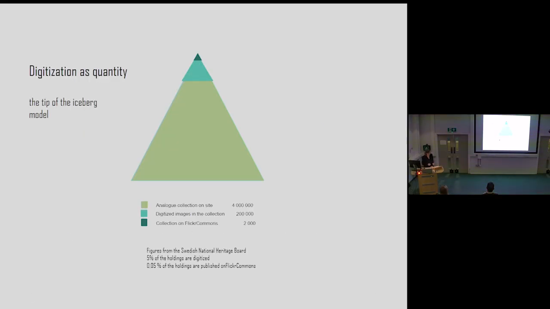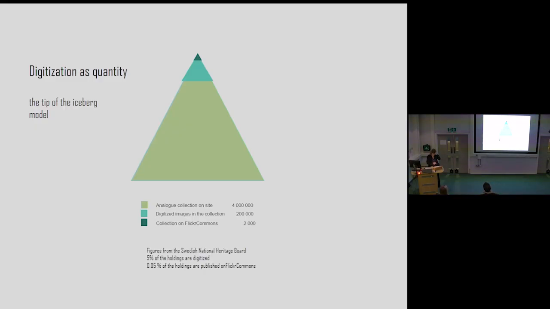As already mentioned, the process of digitization is often reported in quantitative terms as the digitization degree of analog collections. That could be an individual institution's collection, or it could be types or groups of institutions, or it could be nations or regions.